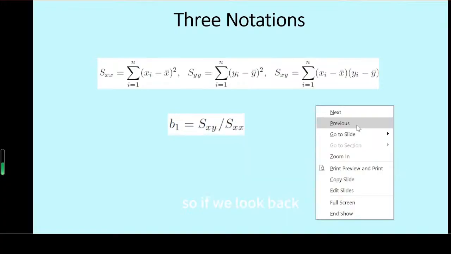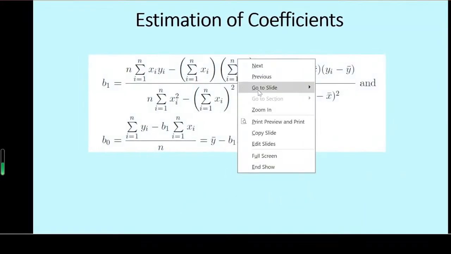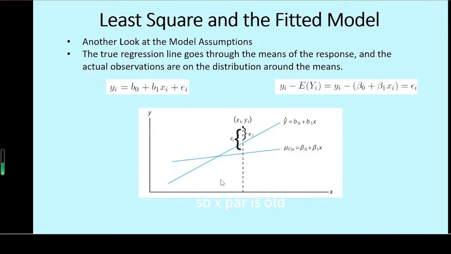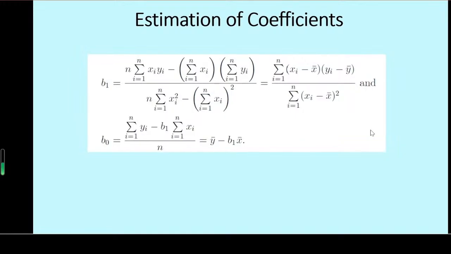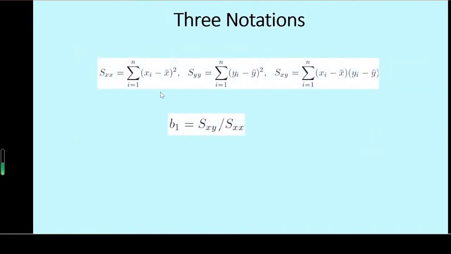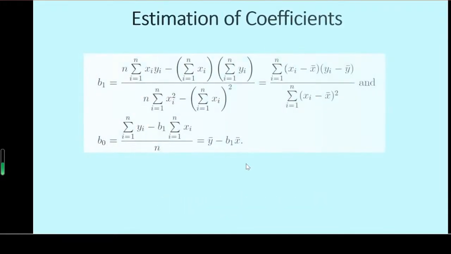So if we look back, x bar is the average of all x values from this regression line. And the y bar, of course, is also the average of all observations. So these are the three notations. Then we look back again.